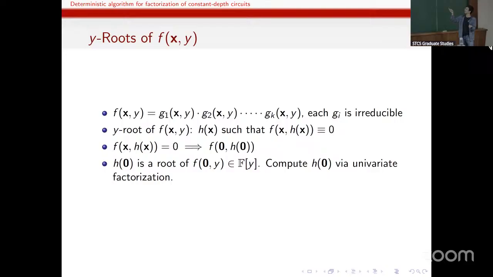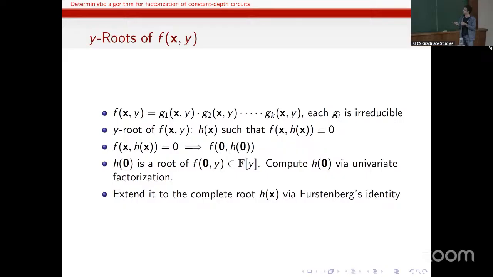You can take the univariate polynomial f(0, y) and apply the Lenstra algorithm or something and compute h(0). And now you can use Furstenberg's identity, which Shantanu showed, to extend it to the complete root h(x). This is something I won't dwell over further. The important part here is that if you use this identity, then you will get these size and depth bounds that we care about.